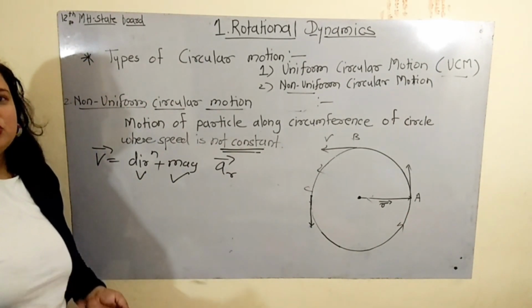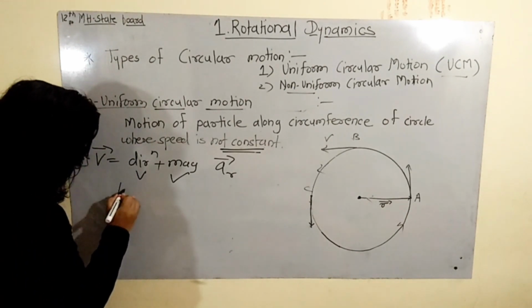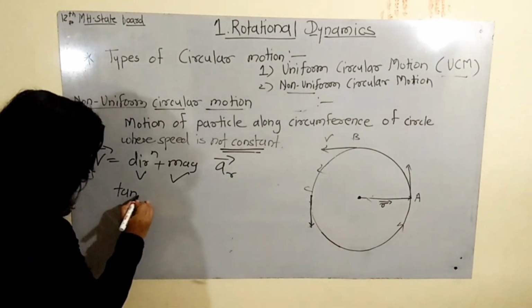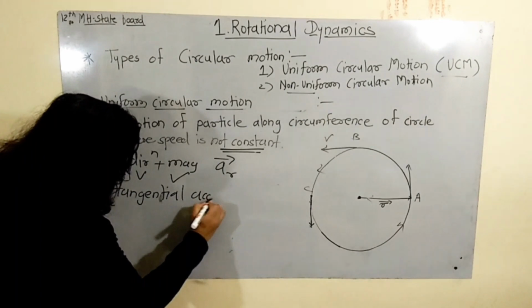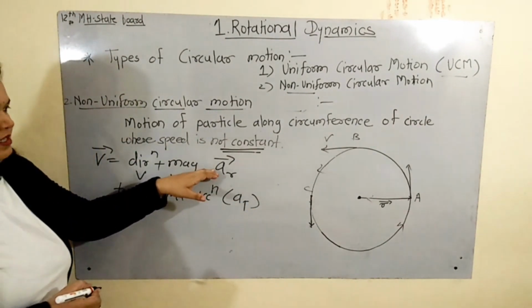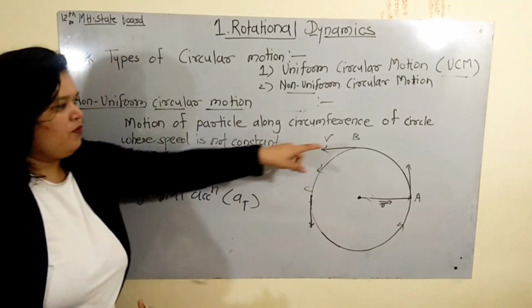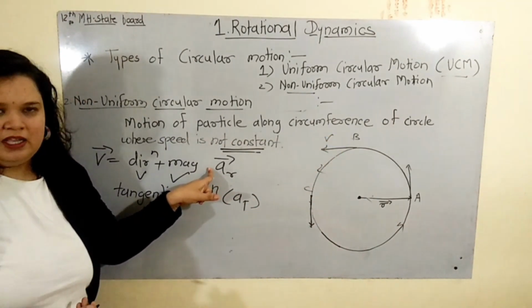The magnitude changes due to acceleration, which is called tangential acceleration, denoted by a_T. The acceleration which is responsible for the tangential velocity is called radial acceleration.